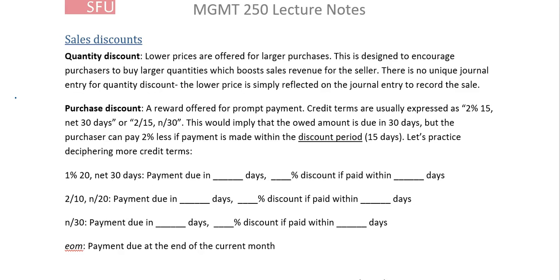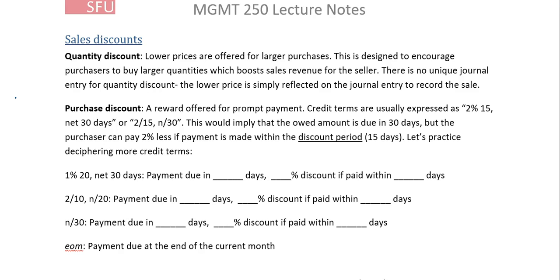So we're going to practice deciphering some more credit terms. This is a pretty straightforward process, so we'll dive right in. 1% 20, net 30.